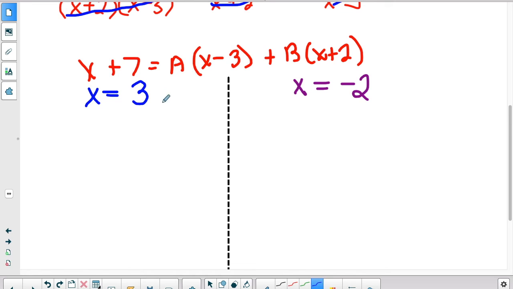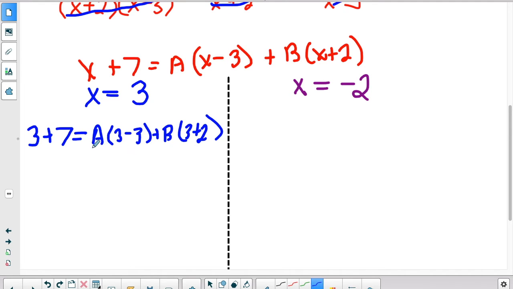Now the reason I picked 3 over here is because of this right here. When I plug in the value of 3 for x, 3 plus 7 is equal to a times 3 minus 3 plus b times 3 plus 2. The reason I picked 3 is because 3 minus 3 is going to be 0.